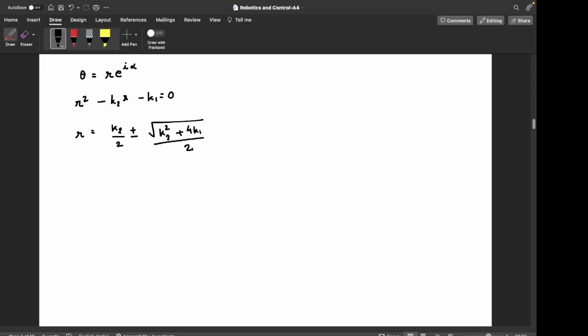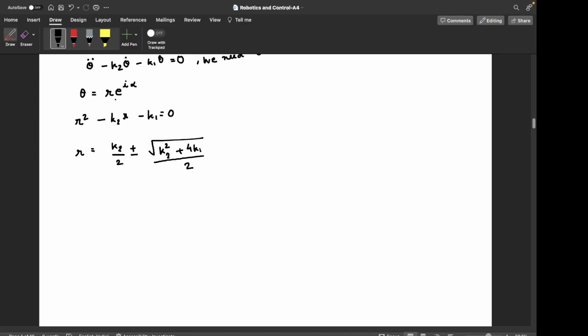Cool. Once you get the expression for r, and why we find the expression for r, because when the real part of r is negative, the solution will die down basically. So the real part of r should be less than 0.